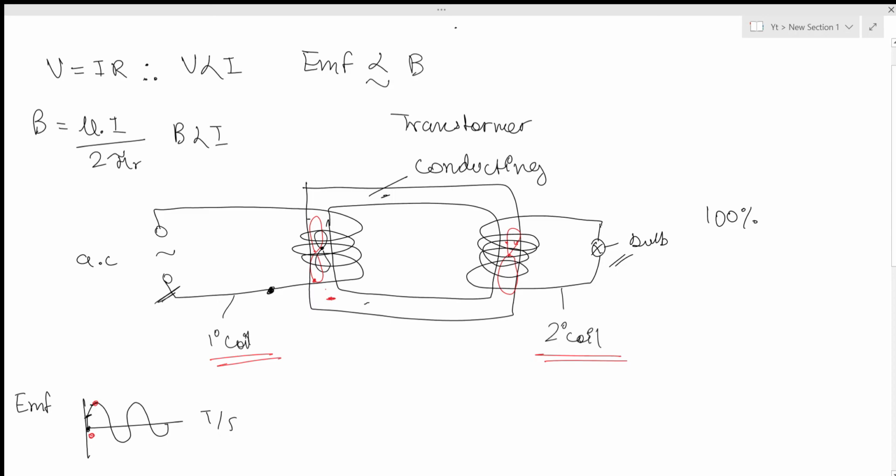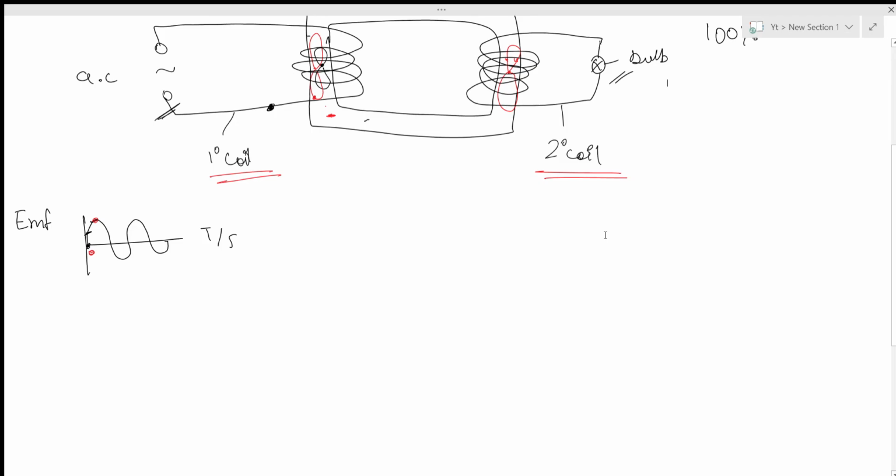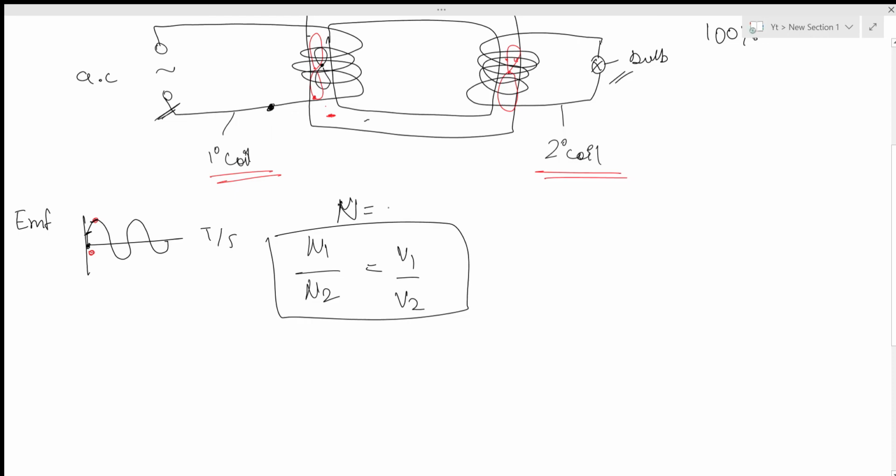Now, there are two formulas you need to know when it comes to transformers. The first is N1 by N2 is equal to V1 by V2, where N signifies the number of turns of coil. In this case, let's say N1 is 100 and N2 is 200, and let's say the voltage supplied here is 2 volts.